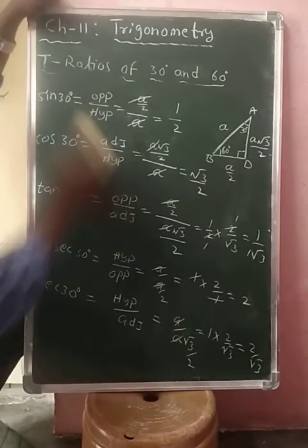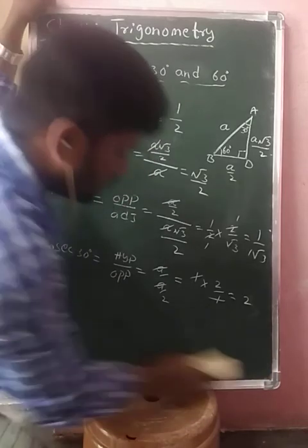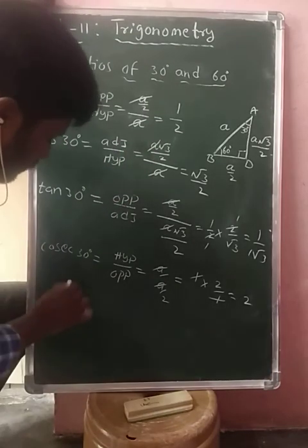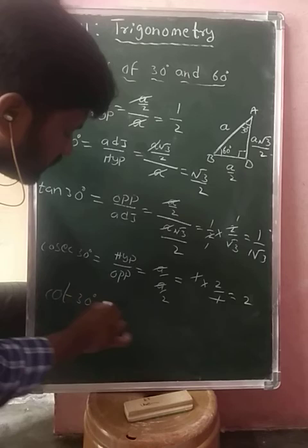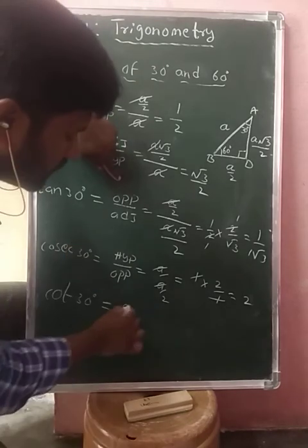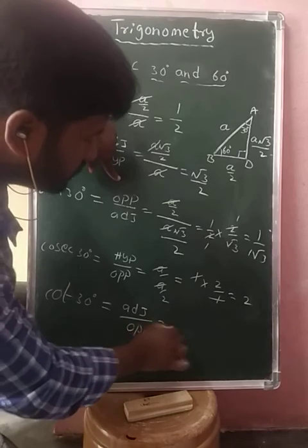Okay. In the same manner, we want to find cot 30 degrees. Cot is the reciprocal of tan. So that is simply the length of the adjacent side by the length of the opposite side.